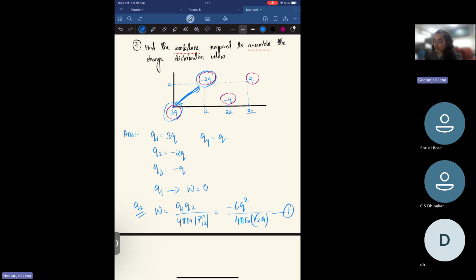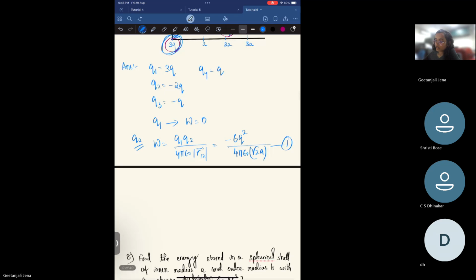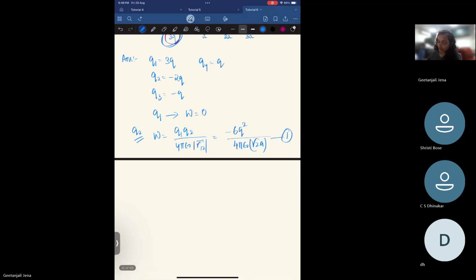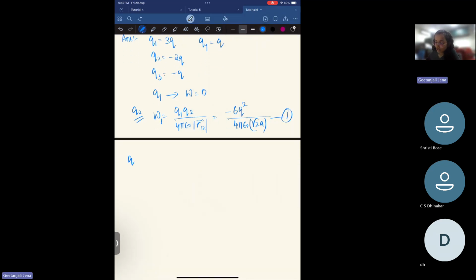Now we'll bring charge 3 when we have charges Q2 and Q1. For Q3, we need to do work against Q1 as well as Q2. So this will be Q1 Q3 by 4 pi epsilon naught R13 plus Q3 Q2 by 4 pi epsilon naught R23.